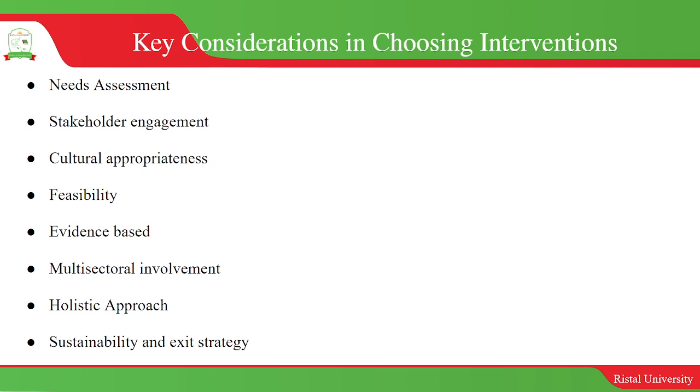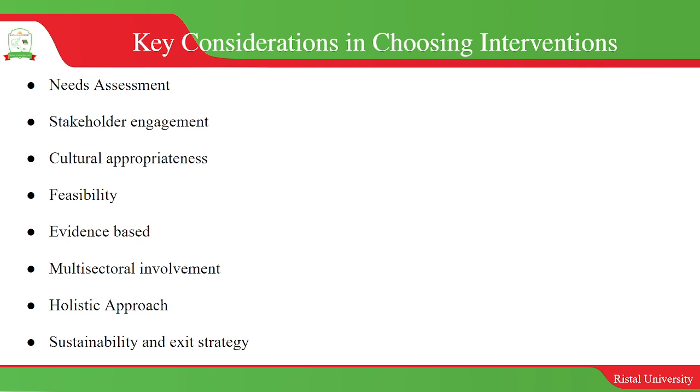Evidence-based child protection interventions is very important. And then a holistic approach, making sure that you don't respond to child protection issues in a silo manner. You need a comprehensive approach touching all the major dimensions of child protection, and also looking at what happens if you are not there on the ground to implement these interventions.